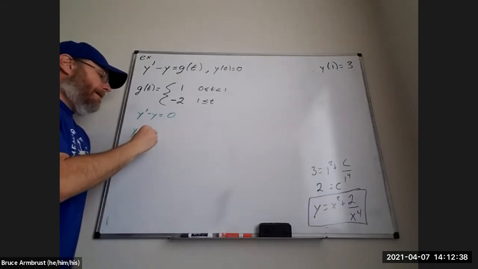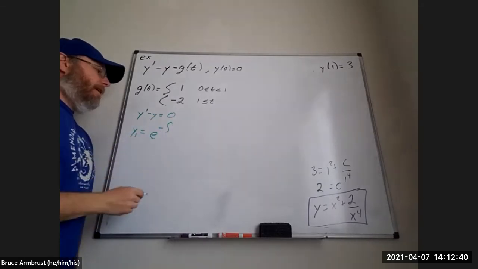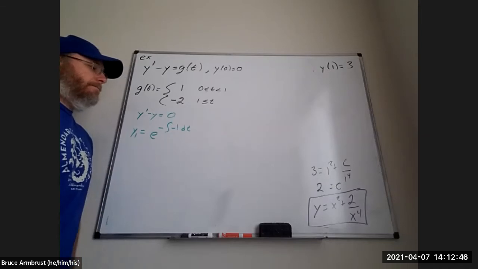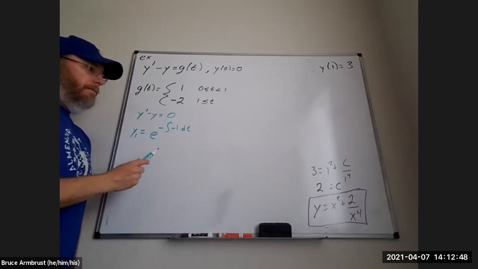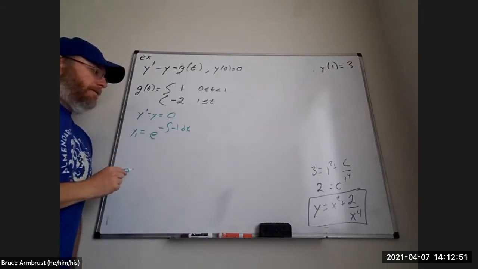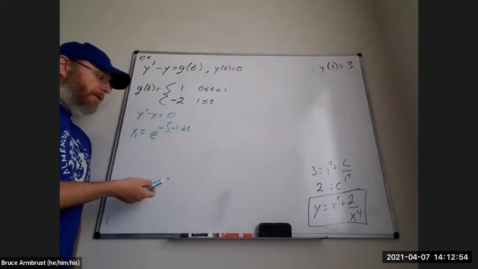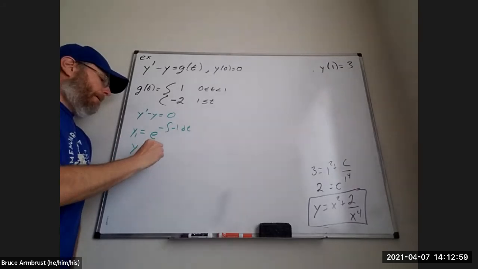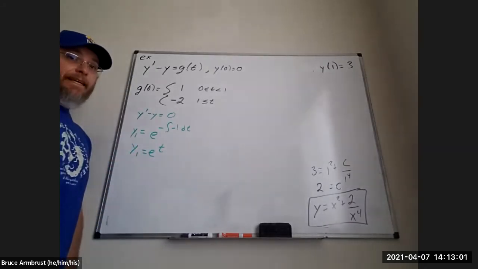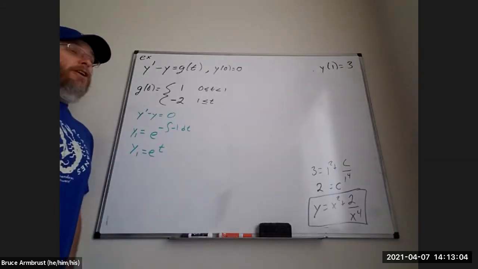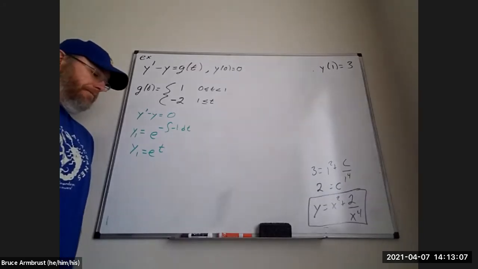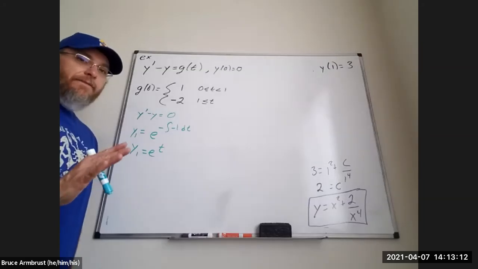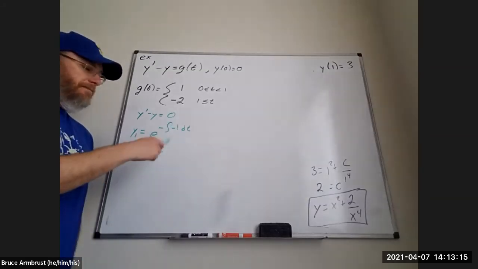And that's going to be e to the negative integral of -1 dt. Right? It's always negative integral of p of x. So the minus minus, of course, makes it a plus. Integrating 1 just gives us t. So y1 is e to the t. E to the t is the solution to the homogeneous. All right, so that first step, even if it's piecewise, doesn't change what we do here.